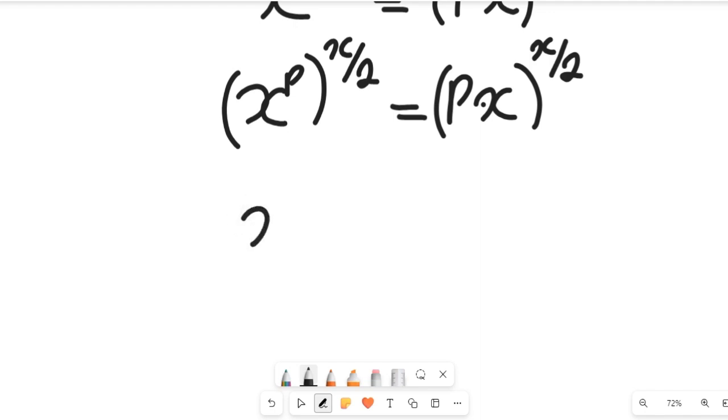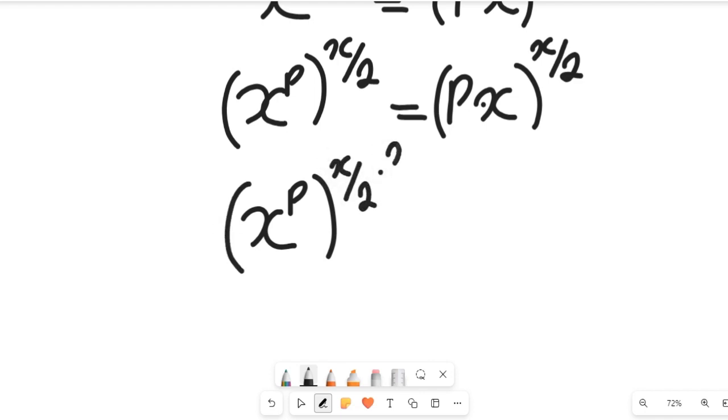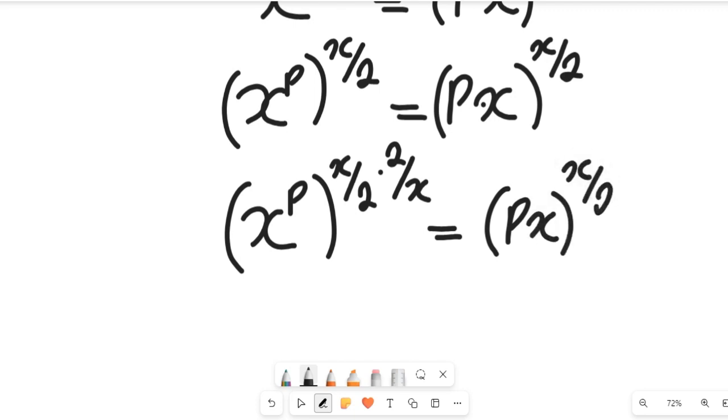So let's see if that works. x to the power of p multiplied by x divided by 2 multiplied by 2 divided by x, and this will be equal to px multiplied by x divided by 2 multiplied by 2 divided by x.